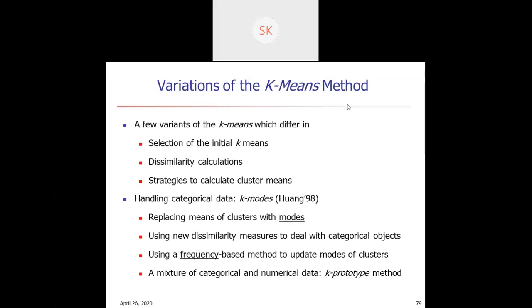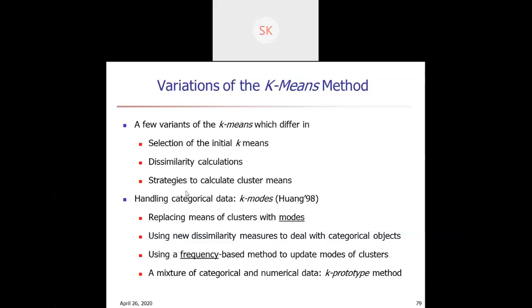Variations of the K-means method fall under partitioning algorithms. A few variants of K-means differ in the selection of the initial k means. Second is the dissimilarity calculation: adopt any other method for the distance computation, such as Manhattan; various methods are there.